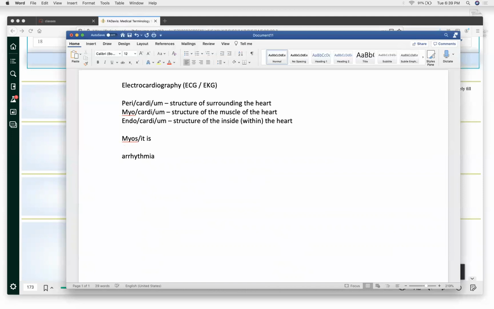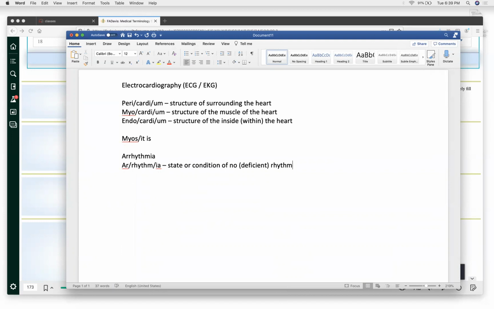My patient is having an arrhythmia. A-R, rhythm, ia. We already know ia is a suffix meaning a state or condition, and A means no or deficient rhythm. Your heart should be beating lub-dub, lub-dub, lub-dub.